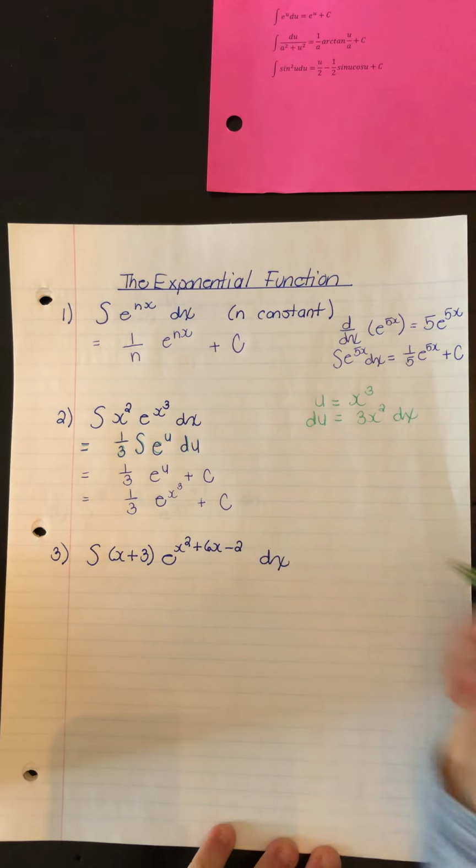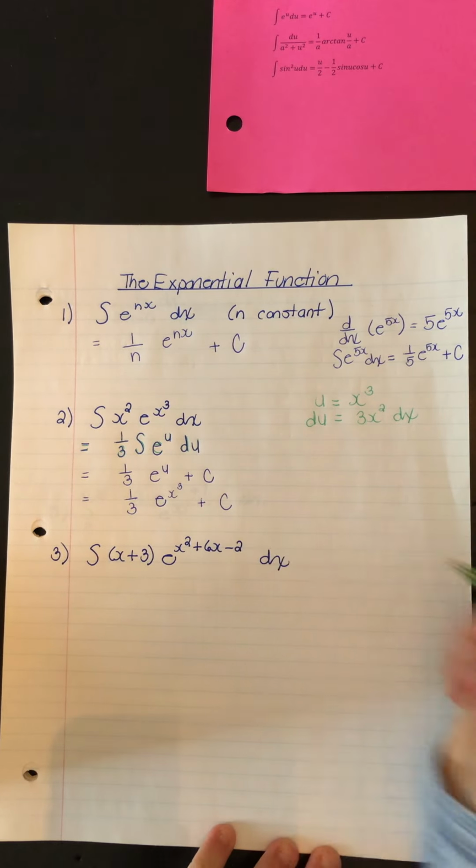So what is the derivative of this trinomial? It is 2x plus 6. Okay, and of course we need the differential dx here. So we might want to have a little bracket around the binomial.